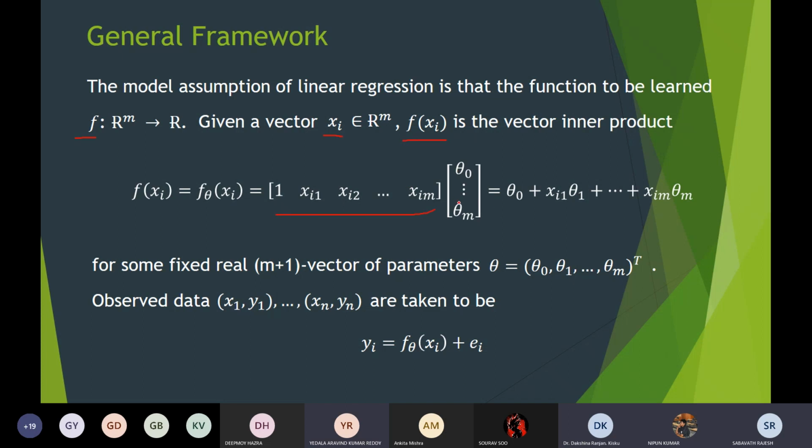So theta 0 to theta m are the model parameters, and xi1 to xim are known as the explanatory variables or independent variables. This function is referred to as the dependent variable, which we need to determine from the data in terms of the explanatory variables and the model parameters.